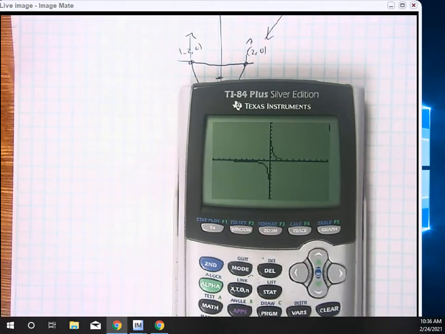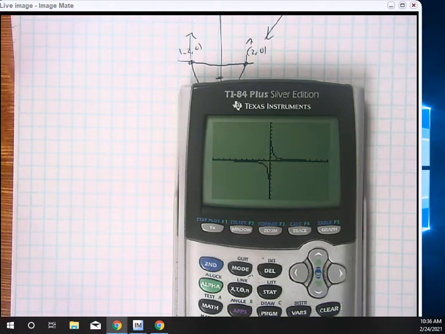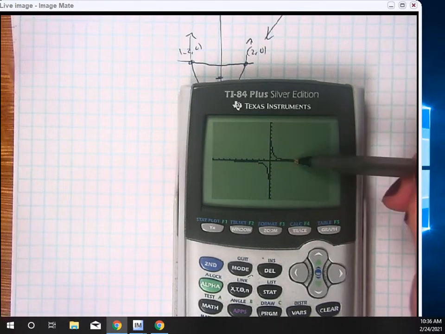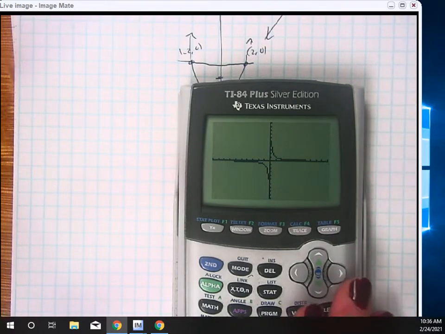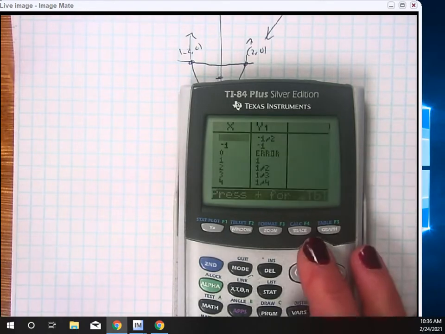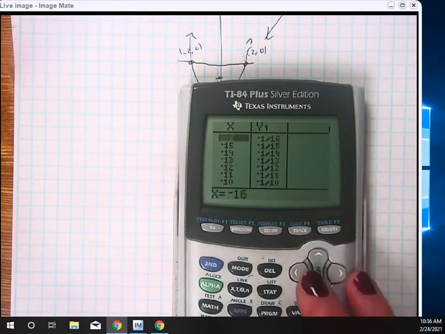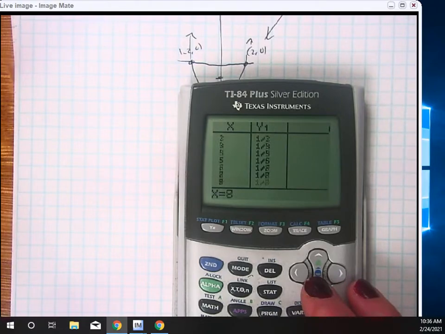This is called a rational function. And your calculator appears that it is stopping here and here, here and here. And that's not true. On your graphs, you are actually going to have to show me. See how they get tiny, tiny, tiny, tiny, tiny? And they get larger, larger, larger, larger, larger.